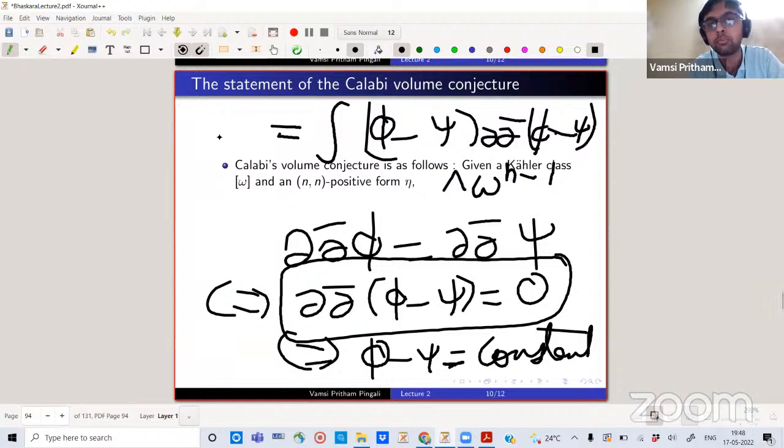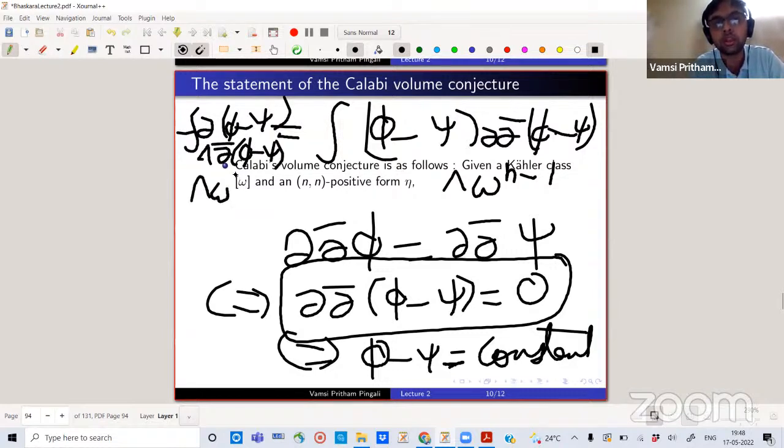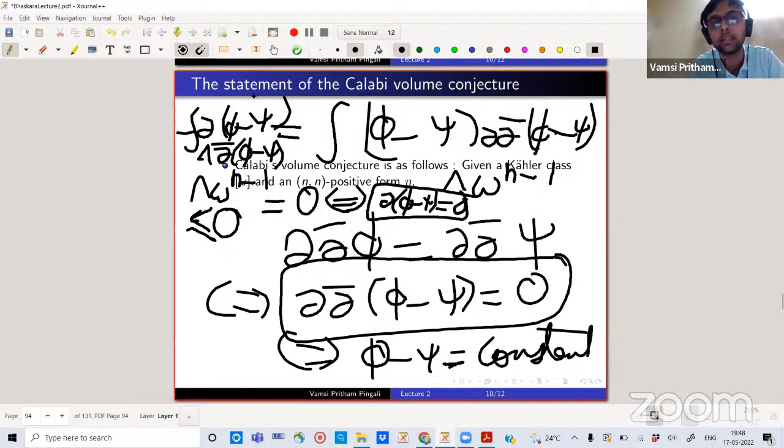Use Stokes' theorem to transfer one derivative to this one, right? This is always negative. Strictly, this is negative and it's equal to 0 if and only if del of phi minus c is 0. This is like the gradient squared of phi minus c.